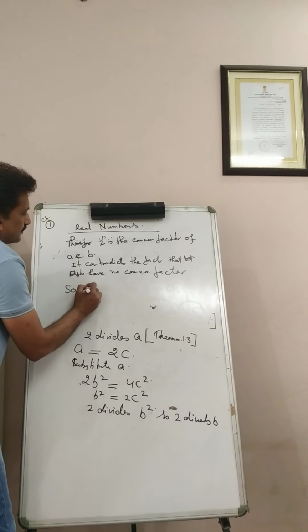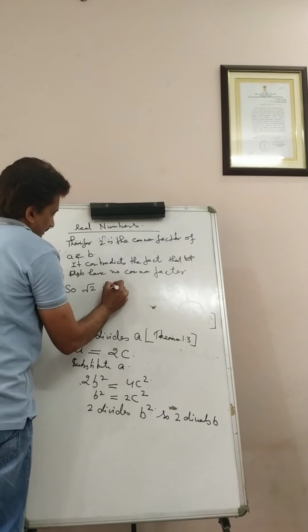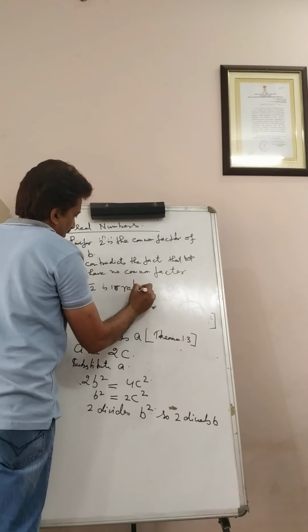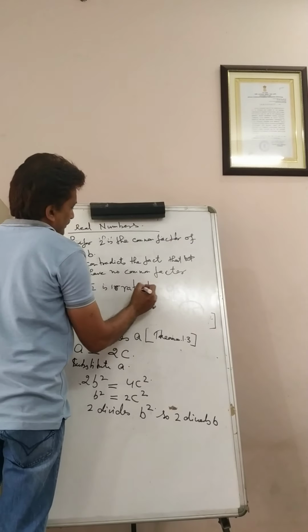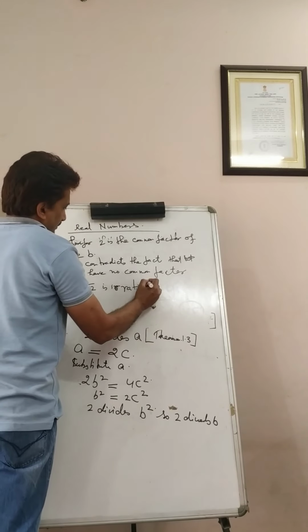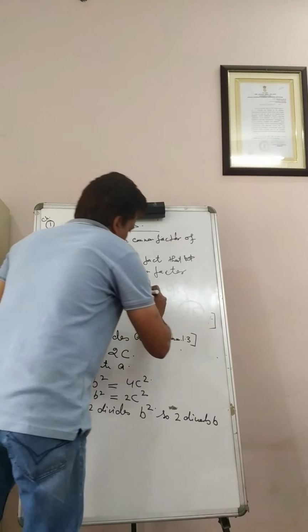So root 2 is irrational. So it is proved.